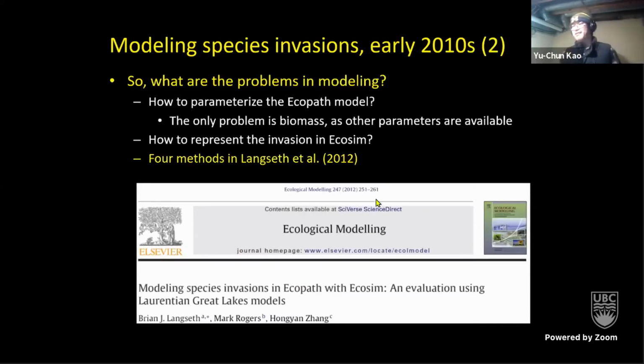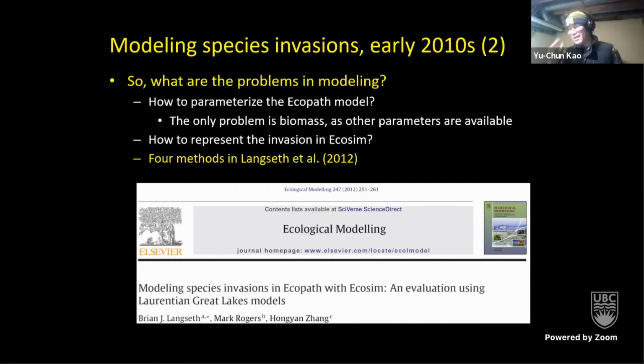So, all right, I already covered that. So to solve those 4 problems, we had this first paper about modeling invasive species in Ecopath with Ecosim. And you can see 3 major players.